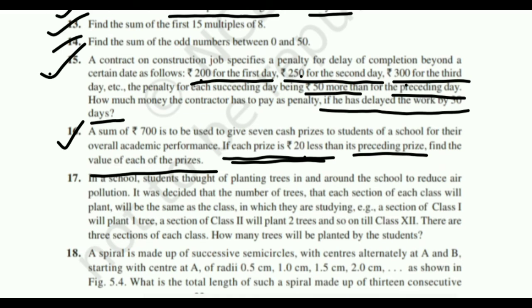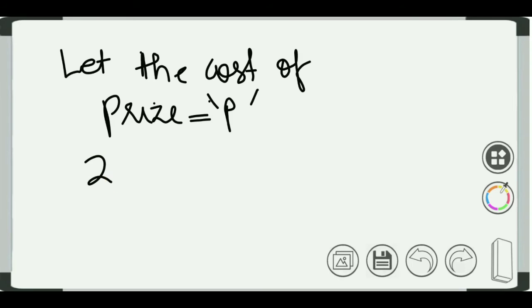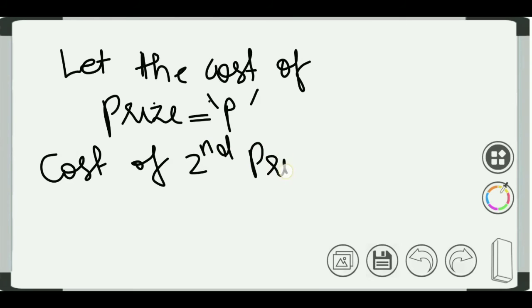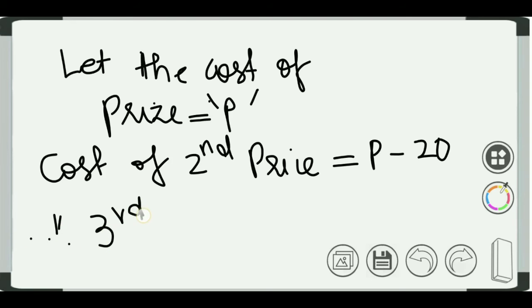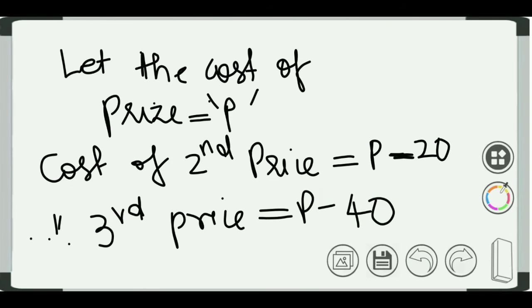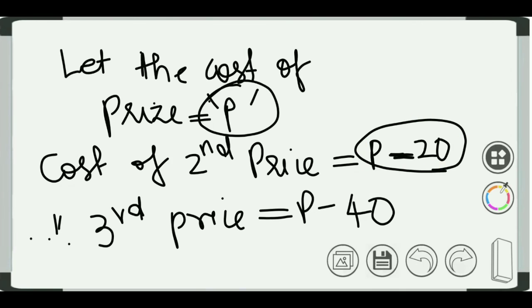The cost of the second prize is P minus 20. The cost of the third prize will again be minus 20, that means P minus 20 again minus 20, which is P minus 40. So your first term will be P, second P minus 20, third P minus 40, and it goes on. Fourth will again be minus 20, P minus 60.